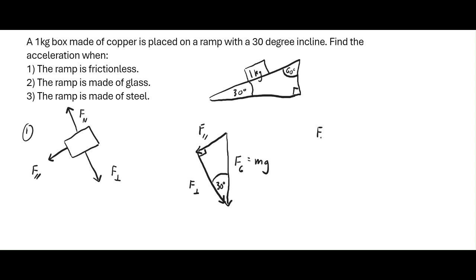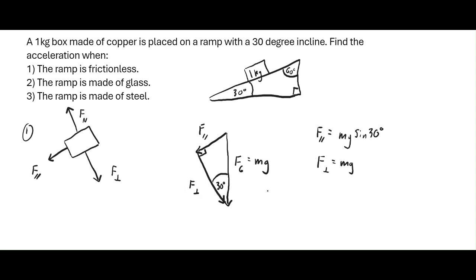So, knowing our trigonometric functions on a triangle, this side is opposite of the 30-degree angle. We can find that value by taking the hypotenuse, which is mass times gravity, and then times sine 30 degrees. For the perpendicular component, it will be similar, mass times gravity, but this time that is the adjacent side to the 30-degree angle.